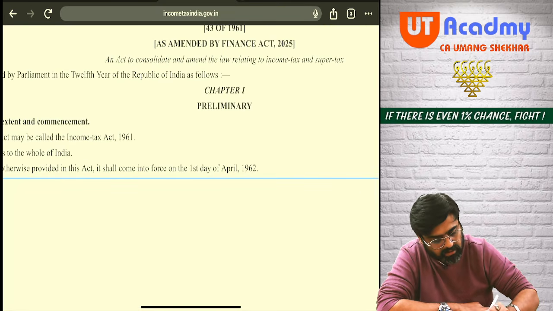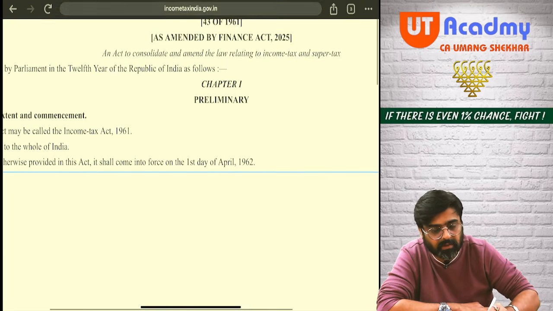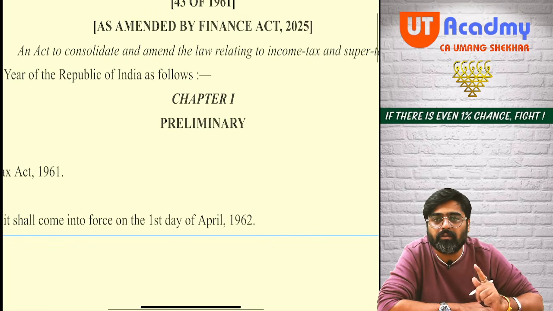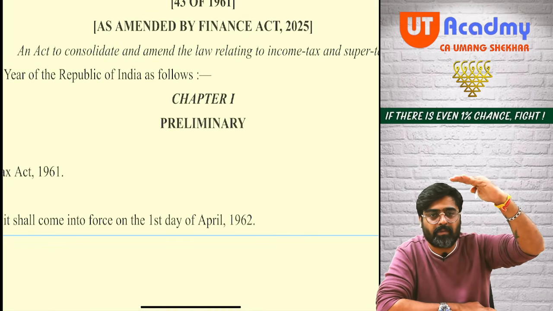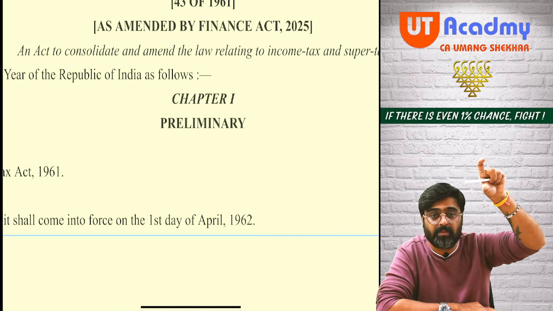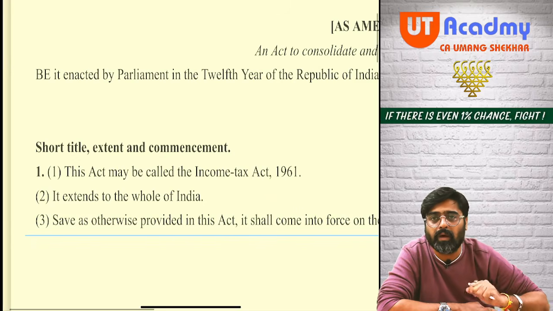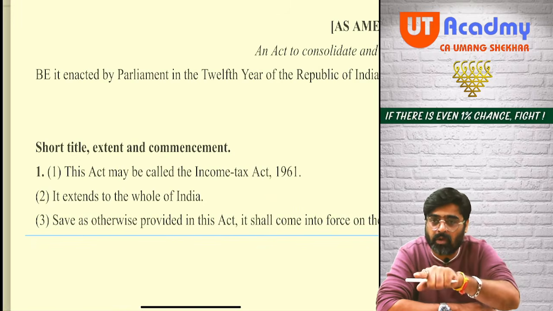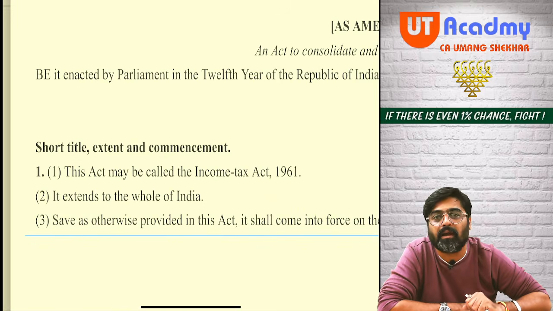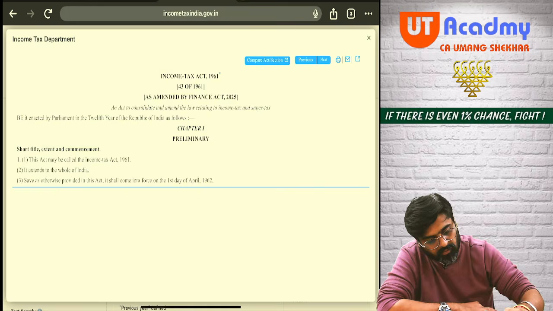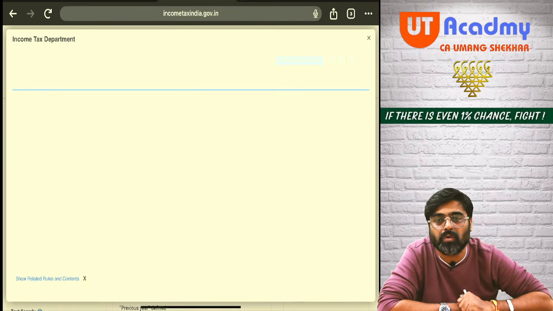See chapter number 1. Can you see chapter number 1 written here? It is preliminary. So under chapter number 1, a preliminary chapter, you will get section number 1, which talks about short title, extent and commencement. Then if you close this, you will go to section number 2.